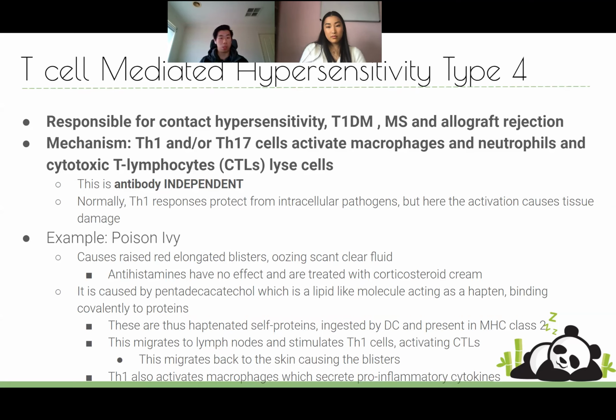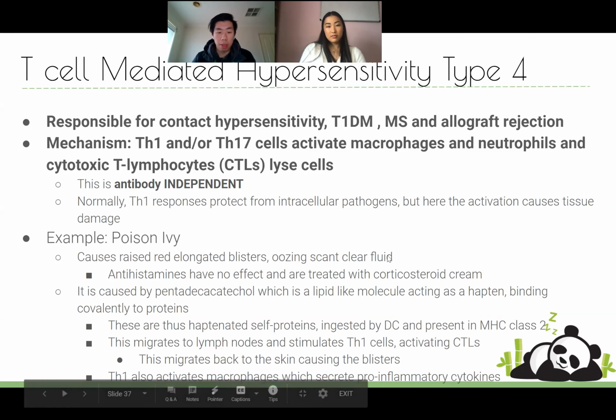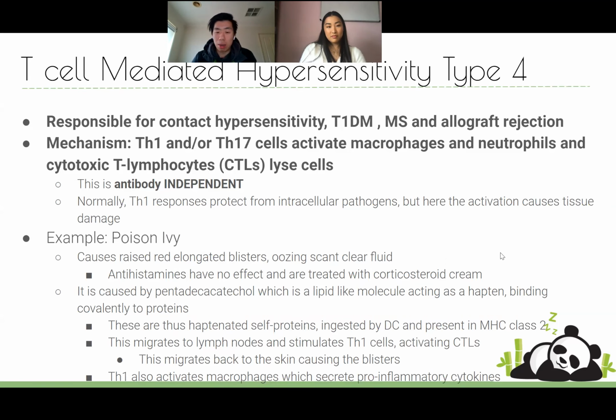There are no antibodies at all here, and this is when you're thinking about a disease caused by one cell killing another cell. An example is poison ivy, which causes raised red elongated blisters. And antihistamines will have no effect because it's not related to that kind of degranulation effect.